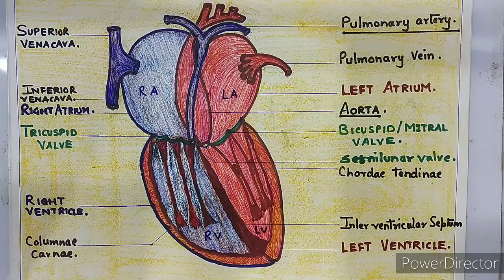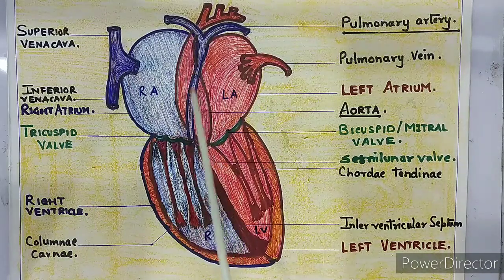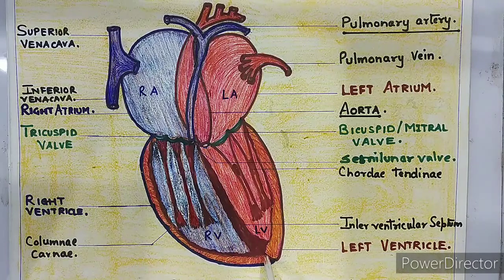They propel the blood, right? Now, if you see the diagram, the heart is vertically divided into 2 halves by a septum, right?